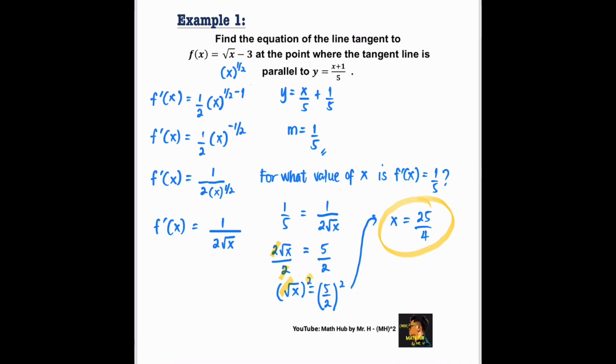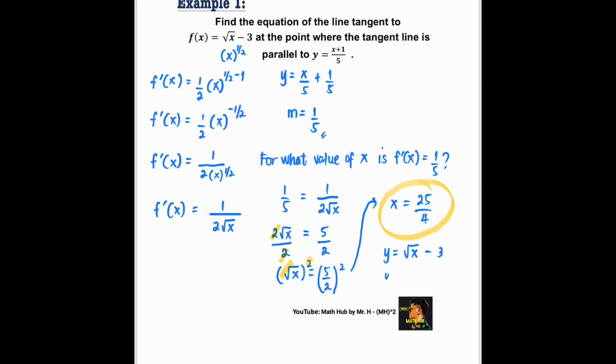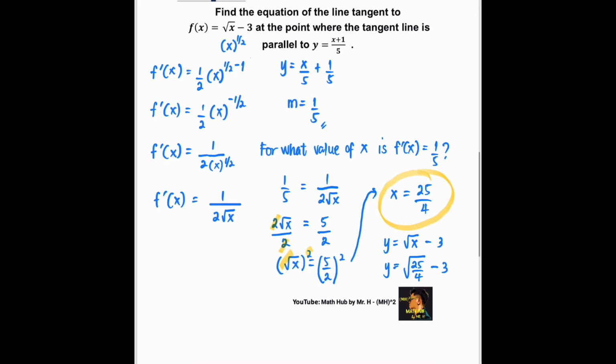Okay. All right, so in order for us to find the y-coordinate of the point of tangency, we will be substituting this value of x into the given function. So we have y equals square root of 25 over 4 minus 3. So let me continue my work here. All right, so y equals square root of 25 over 4. So square root of 25 is 5 over 2, minus 3.